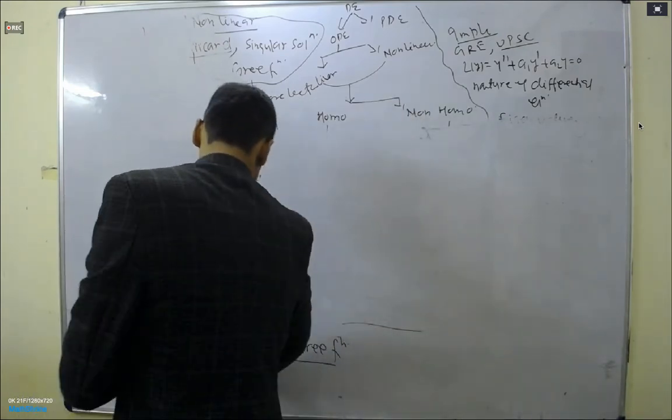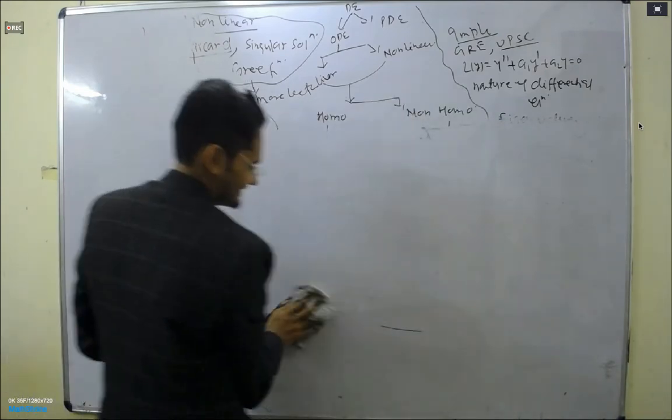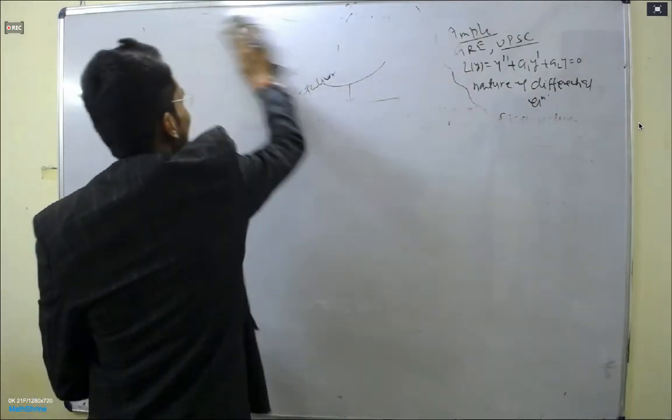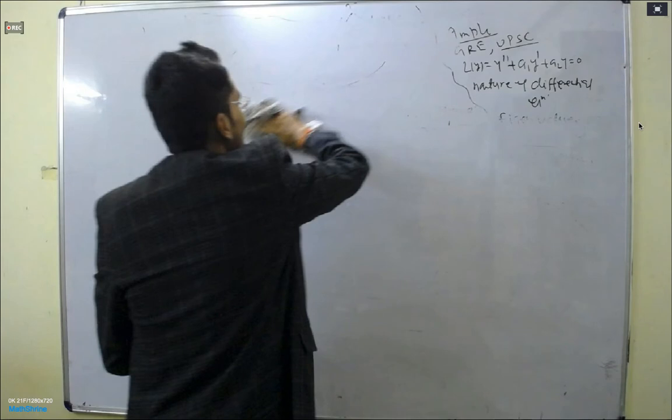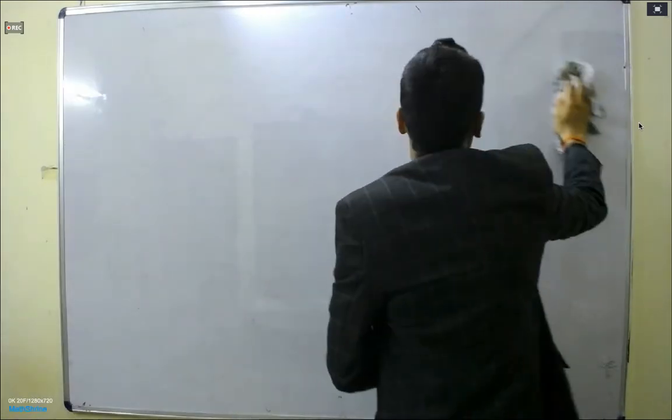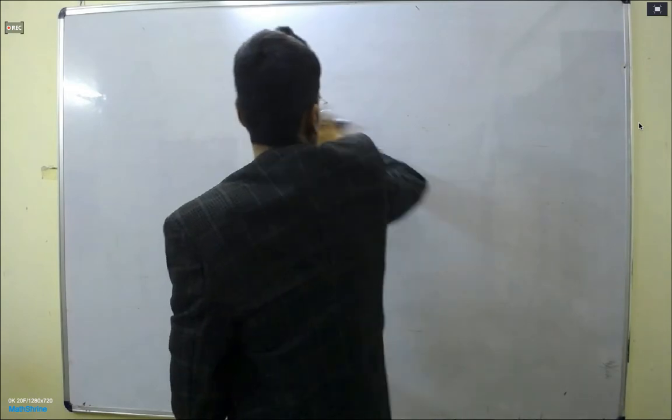Yesterday we were working on a differential equation of the type Ly = y'' + a1y' + a2y = 0. It has two solutions.